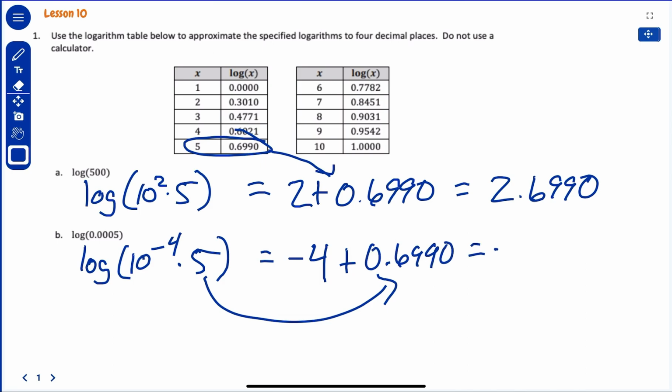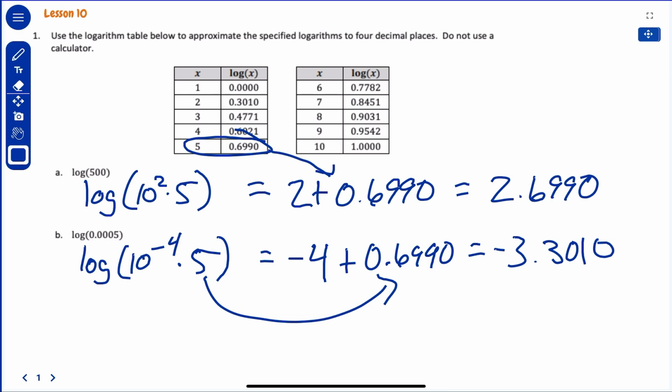And then that will be -3.301. Did I do that right? 301. -3.3010.